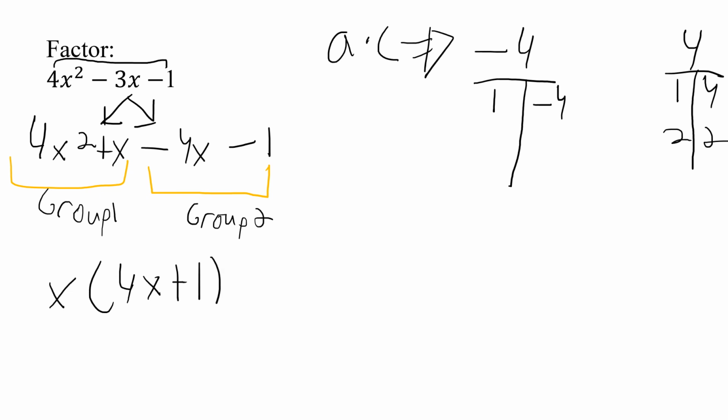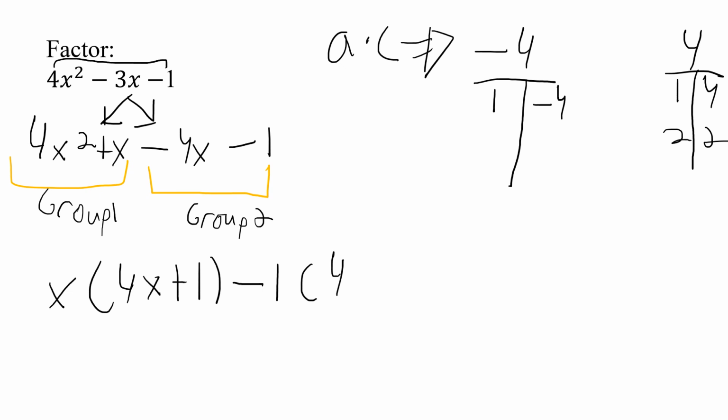Now look at group 2. Group 2 is pretty interesting because there's only one thing that group 2 has in common, and it's the sign. So what you can do here is pull out a -1. And when you pull out a -1, because it's -4x minus 1, both signs change. It's just like dividing both of them by a -1.